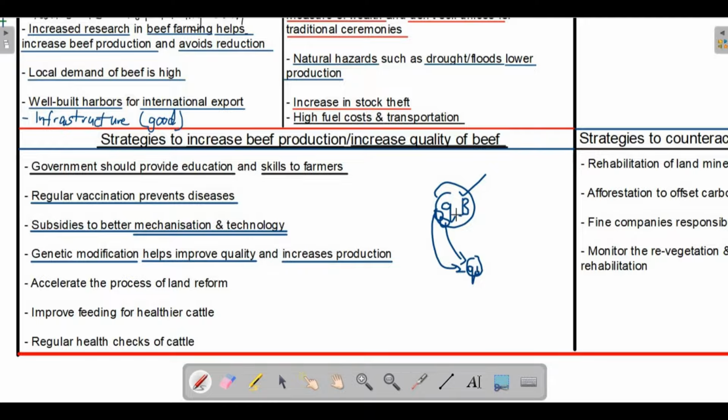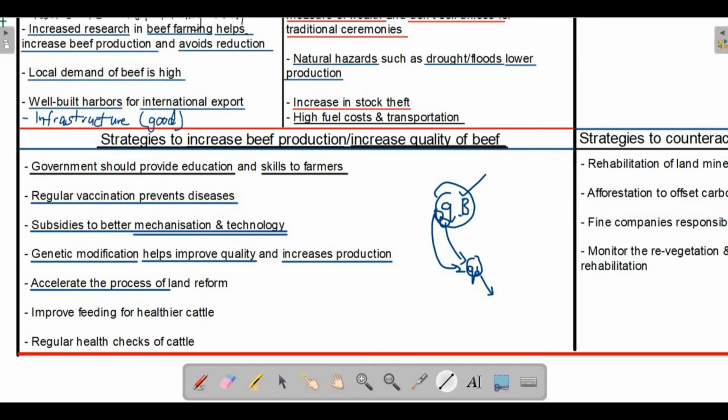It grows with those genes and it develops those genes of that quality bull. And so it grows and it becomes a quality bull that has all of those characteristics I wanted. And in this way, I am always going to have quality bull, or always going to produce high quality of beef. Okay, so that's what we mean there by genetic modification.